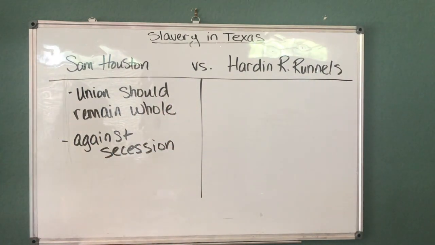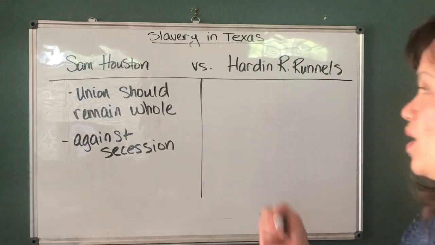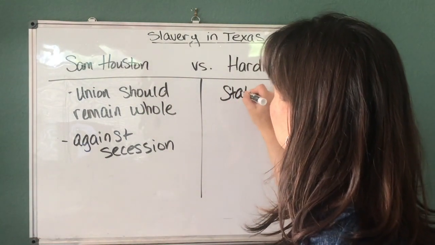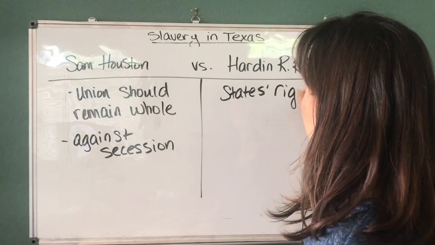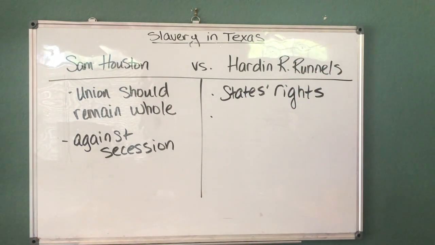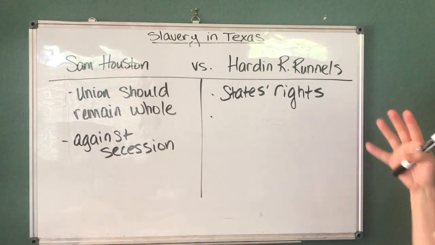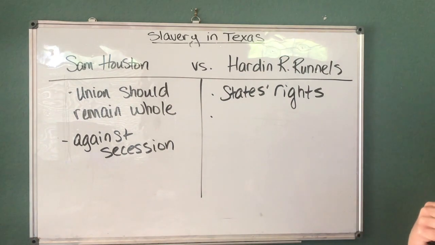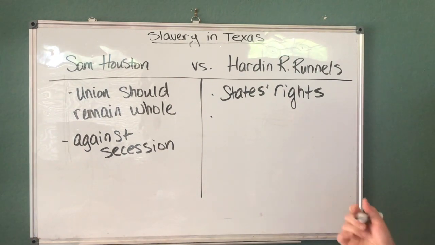Runnels, on the other hand, believed in states' rights. He believed that states should be able to decide for themselves on the question of slavery, that whole idea of popular sovereignty. And he favored secession.